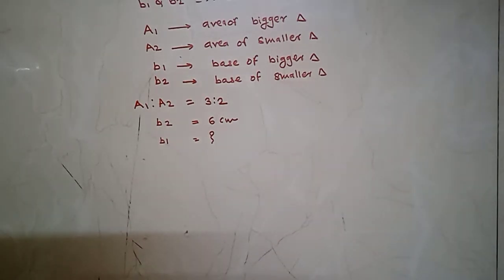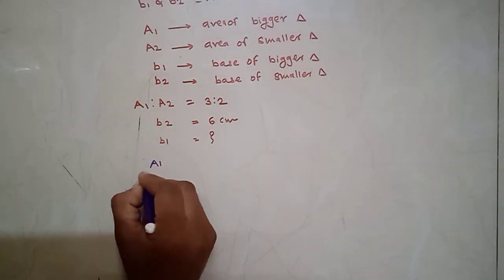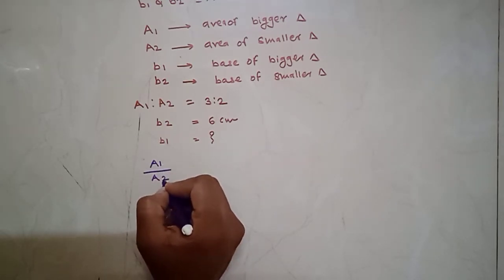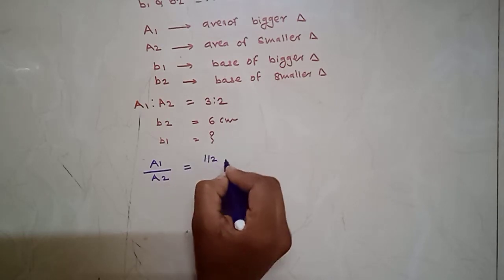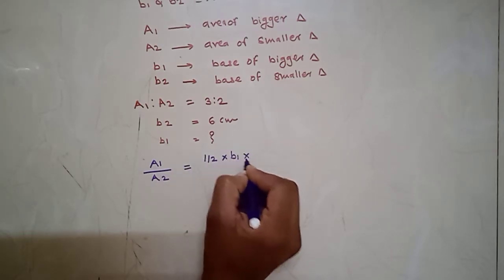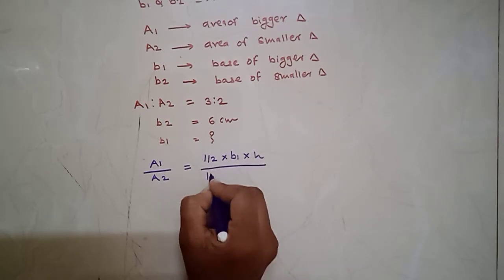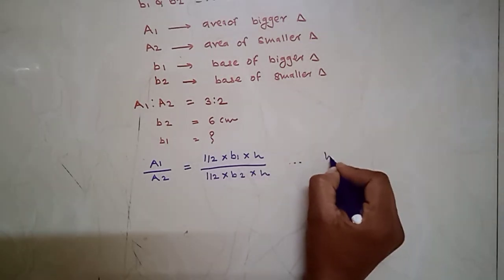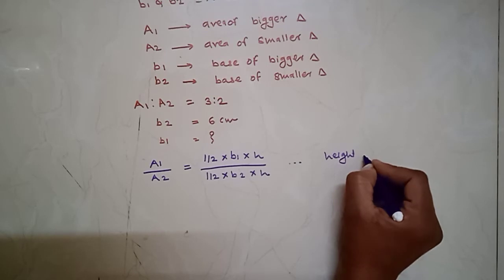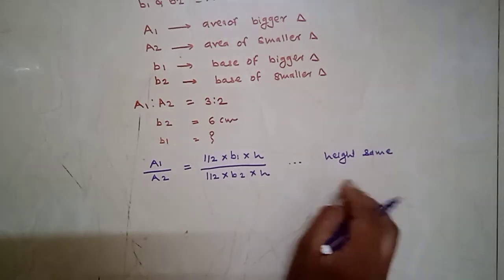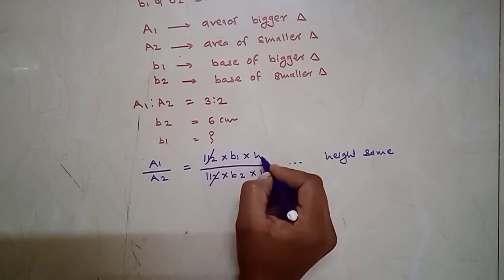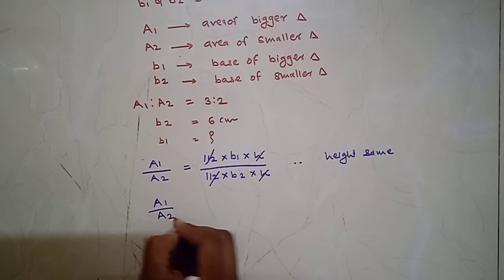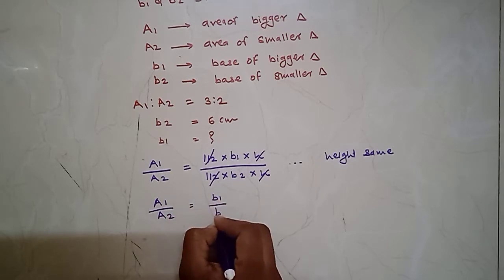We know the formula for the area of a triangle: the area of the first triangle upon the area of the second triangle, A1 upon A2, equals 1/2 into B1 into H upon 1/2 into B2 into H. Here the heights of the two triangles are the same, so the 1/2 cancels and the height also cancels. Then we get B1 upon B2.